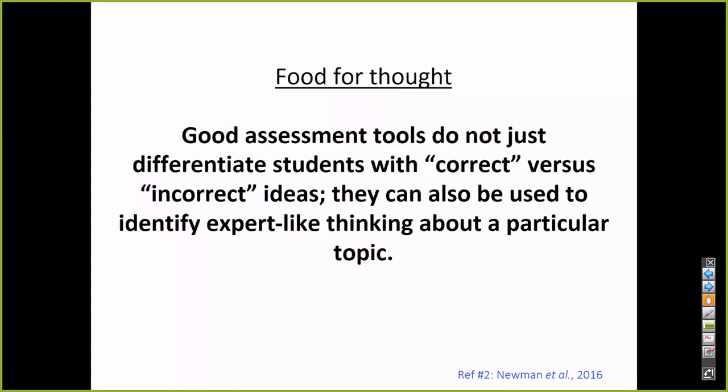It doesn't just differentiate between correct and incorrect, which is how a lot of tests are performed, in part because we don't have time, right? But by doing this, maybe we still do have time because we're getting a fairly simple data set from how you sorted. And as I'll show you in a bit, there's ways to plug it and chug it and get a nice graph, right? Okay.